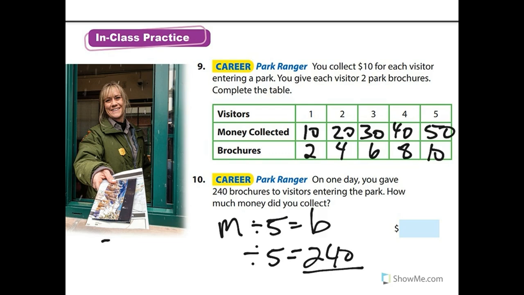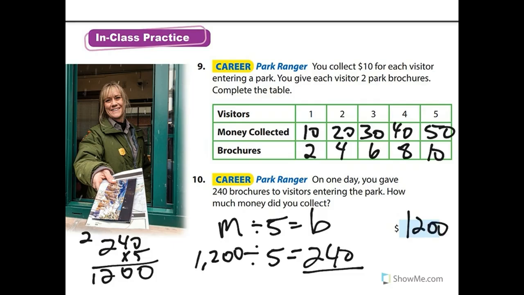Right? So we're going to have to take 240, multiply it by 5. 5 times 2 is 10. 10 plus 2 is 12. $1,200. Because if you plug that in, 1,200 divided by 5 is going to be 240. Yeah, you had to do some opposite of that, didn't you?